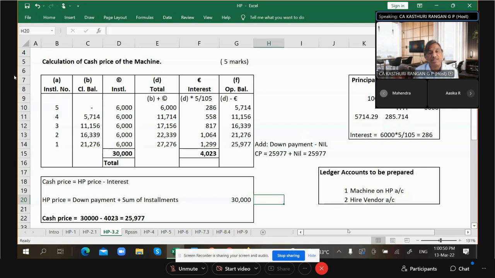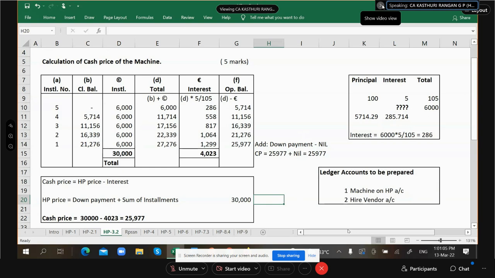So it's a very, very important but easy way to calculate the cash price. Friends, tell me, are you clear? This is the answer for problem number 2, determination of cash price. Like this, in every problem on HP, you will be asked to determine the cash price. But you can follow the same principle, same formula, same method to determine the cash price.